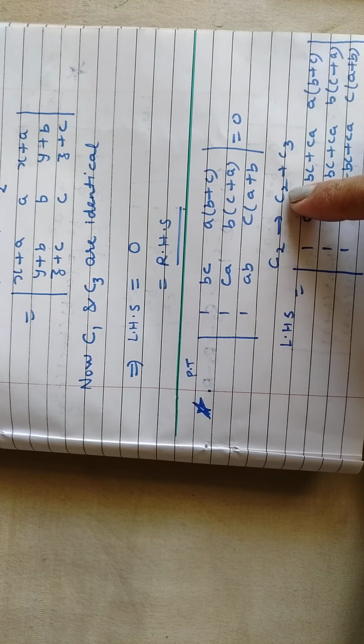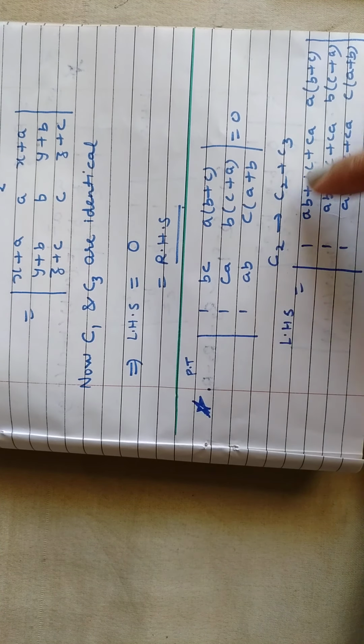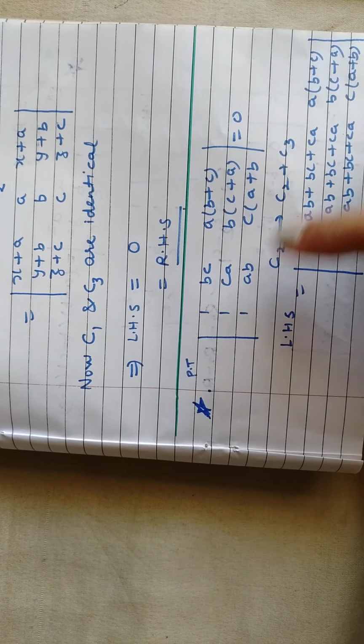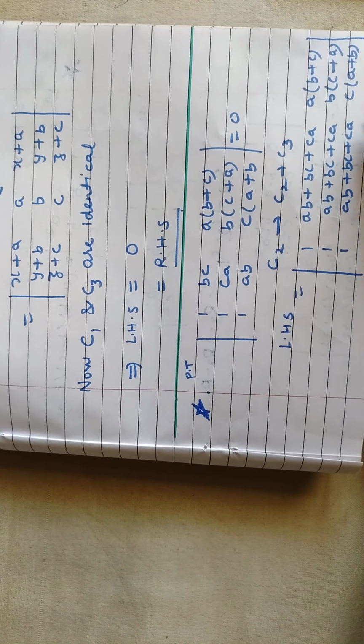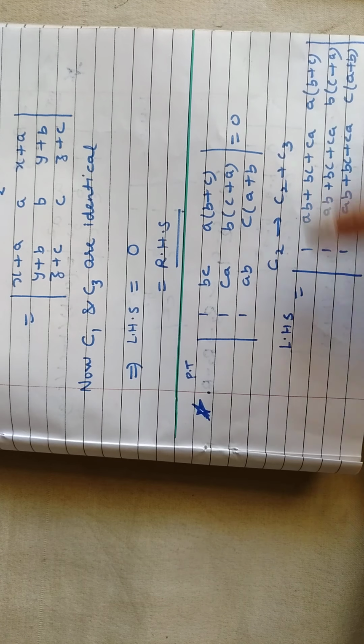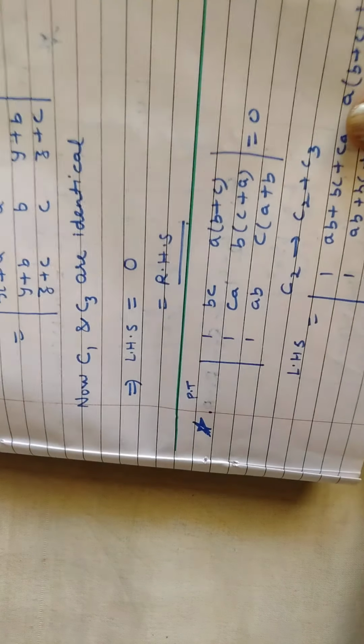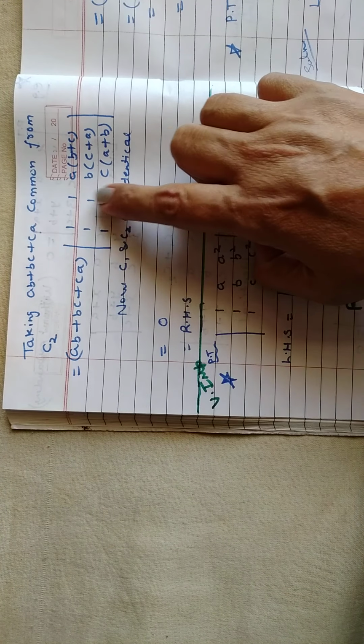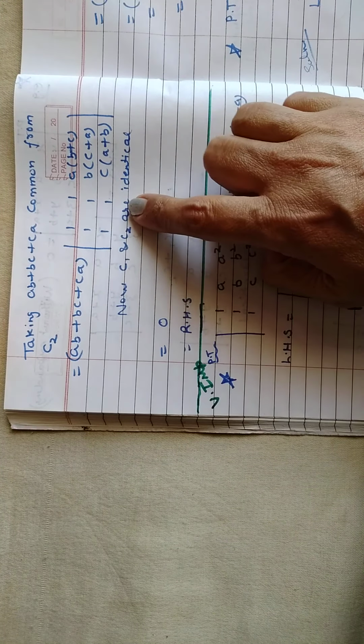After applying this operation, your C2 will become AB plus BC plus CA, AB plus BC plus CA, and same here. Now AB plus BC plus CA you may take out common. So when you take out common AB plus BC plus CA, C2 will become 1 1 1. Now two columns are identical, so it means your value of this determinant is 0.